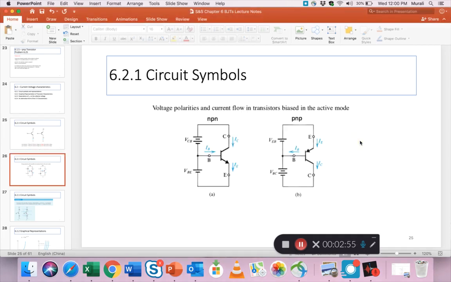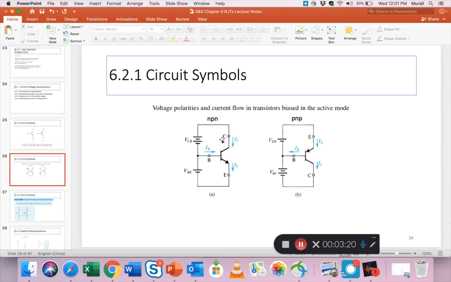Okay, next slide, slide 26. Now to these circuit symbols of the NPN and PNP, we start attaching the appropriate voltages. You see the emitter base junction has the VBE, and this must be a forward bias junction if you remember.